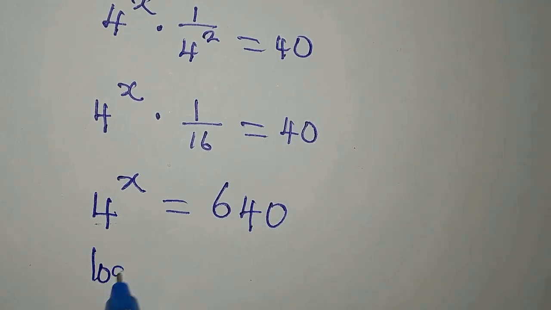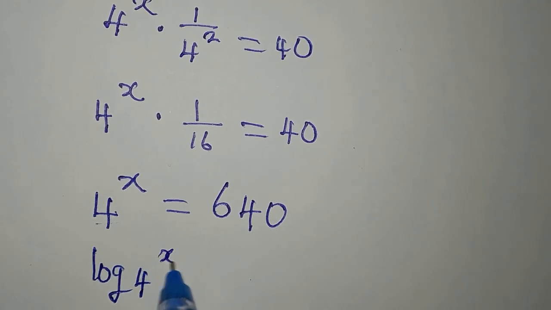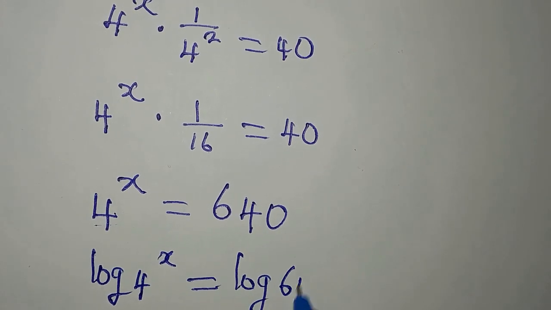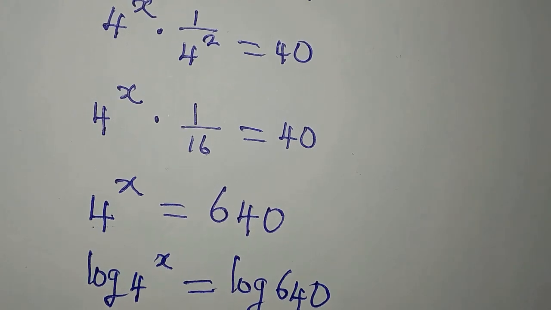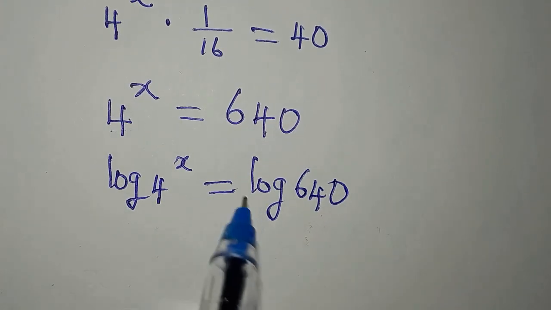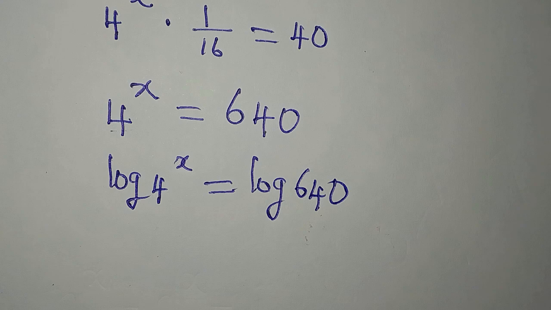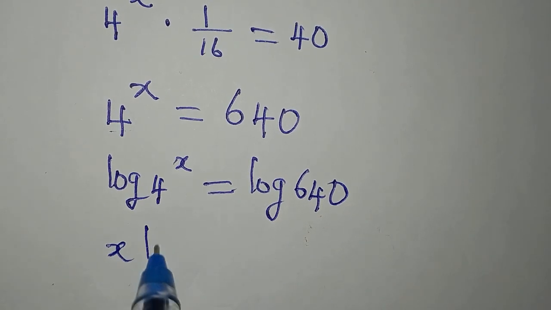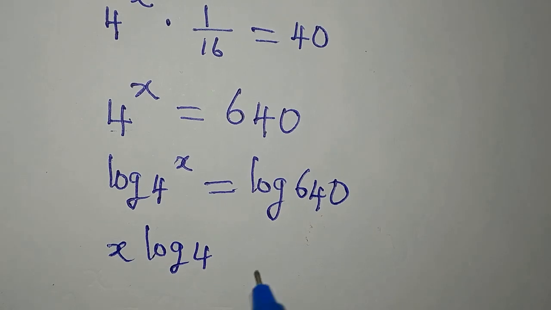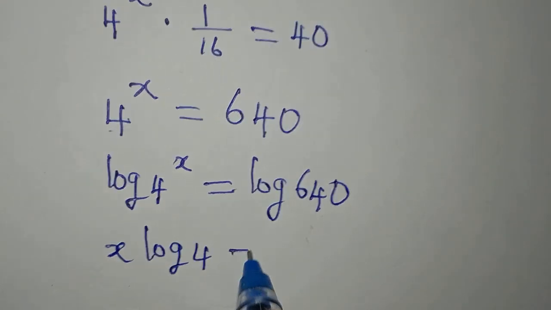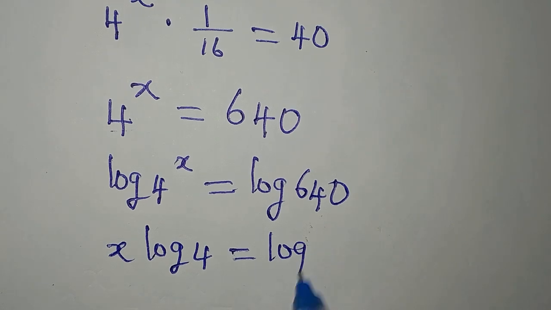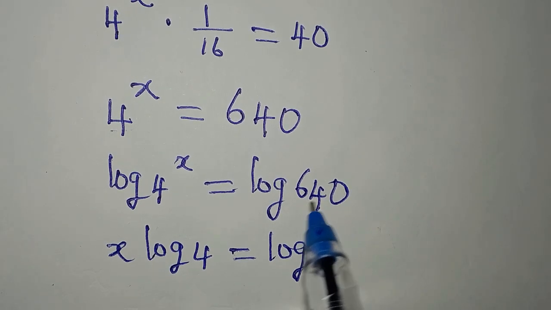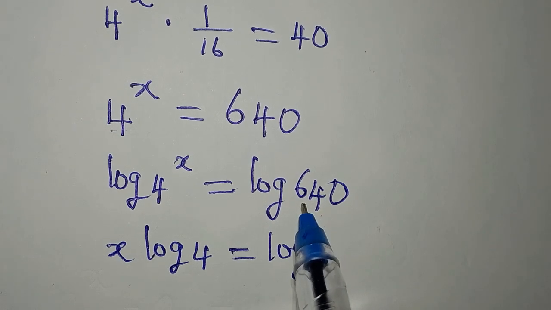So we have log 4 to the power of x equals log 640. Mind you, I can simplify this. Since we have the power x here, we're going to have x log 4, because the power will go in front, and this is equal to log 640. I can bring out a couple of 4s from 640.